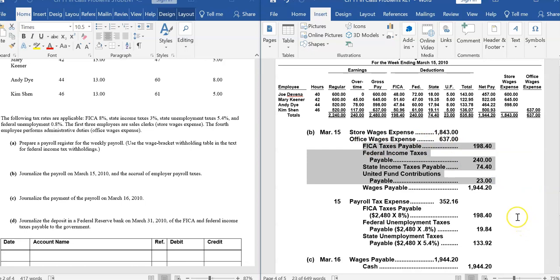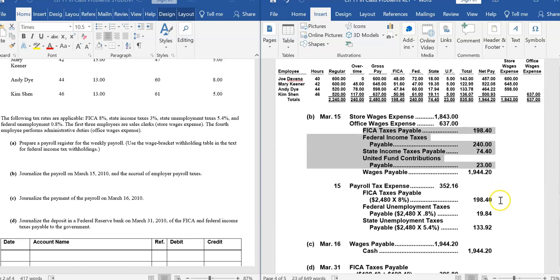Okay. We also need to record the employer's share of payroll taxes. Like we learned about in the readings and in the mini lecture videos, not only do employees pay taxes related to their payroll, but employers also pay specific taxes on any payroll that employees earn.